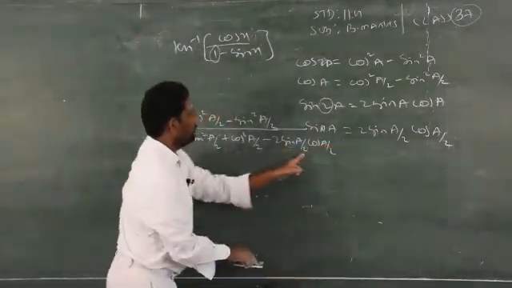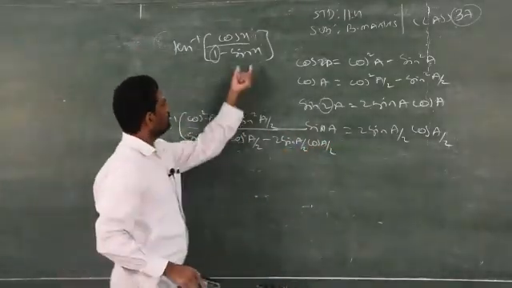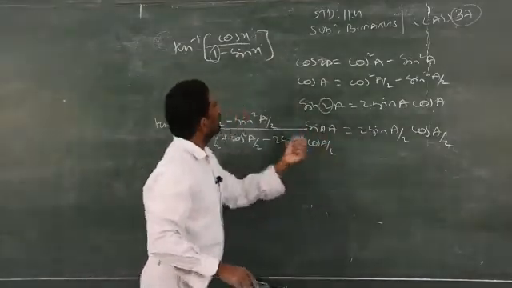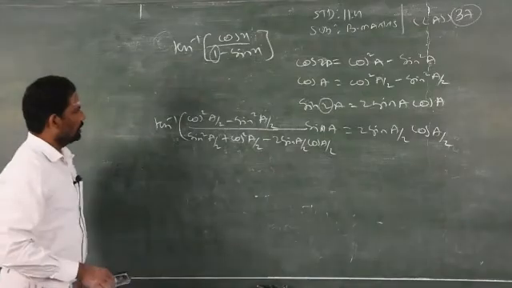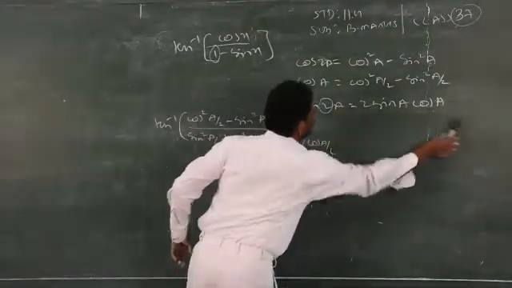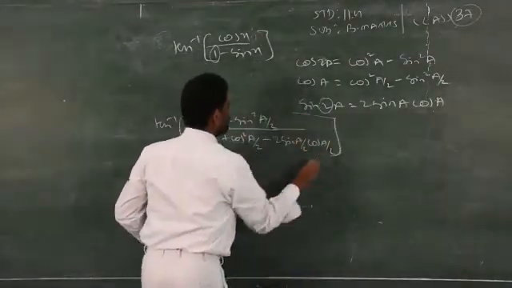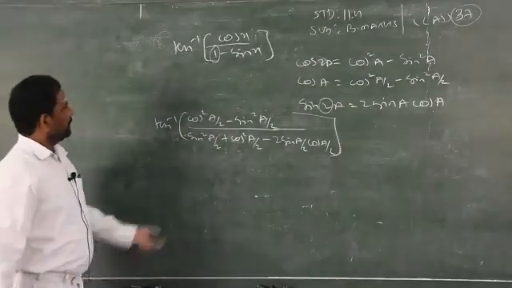I am applying this formula over here. I am just replacing the sin x by this. Here x is there, I am taking here as a. So I am just replacing those formulas. Clear?